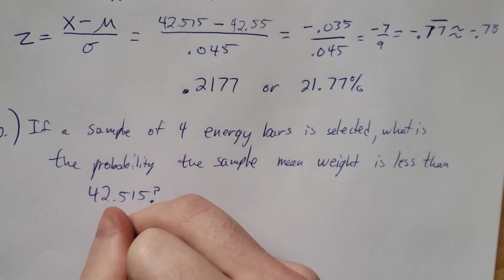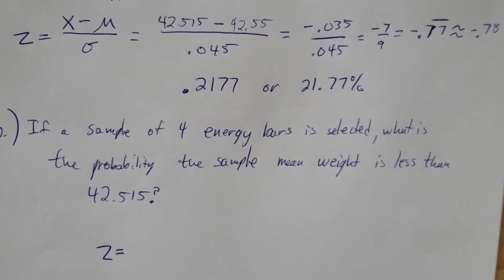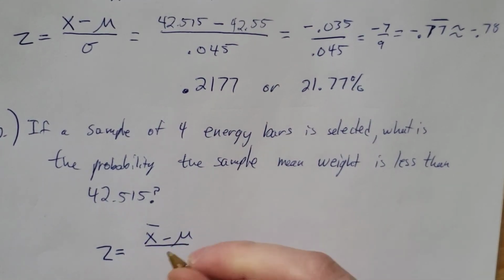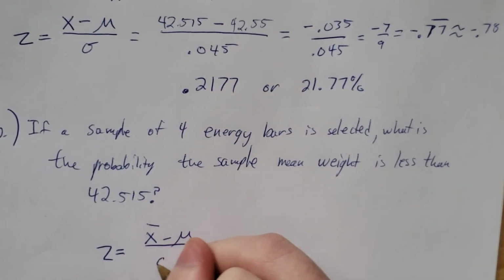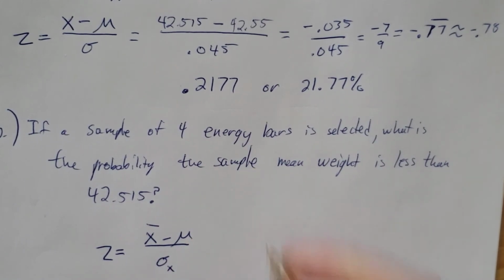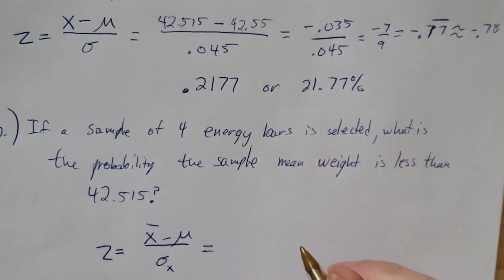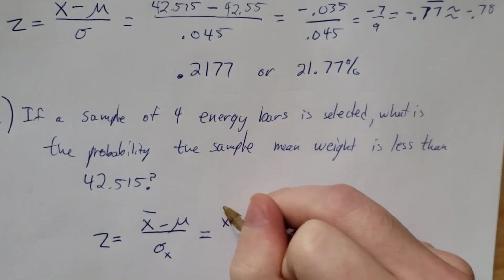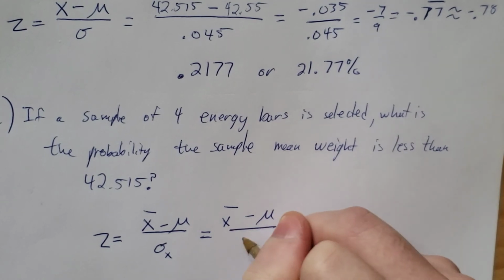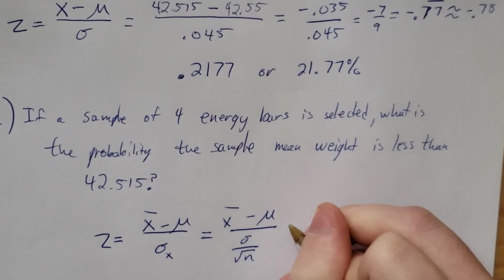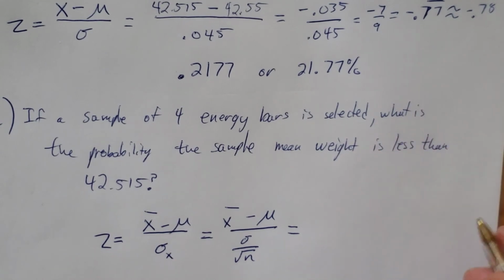We have a very similar formula. Z is equal to the sample mean minus our population mean divided by the standard error, which is exactly what we had in example 1. So we take our population standard deviation divided by the square root of the size of the sample. And that's our denominator.